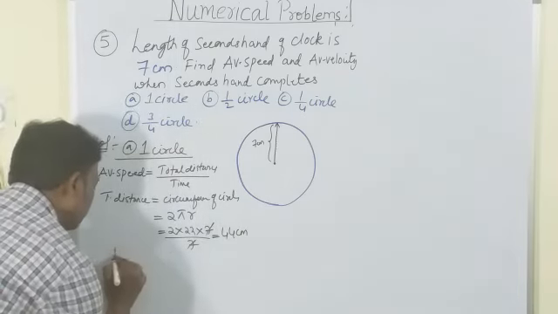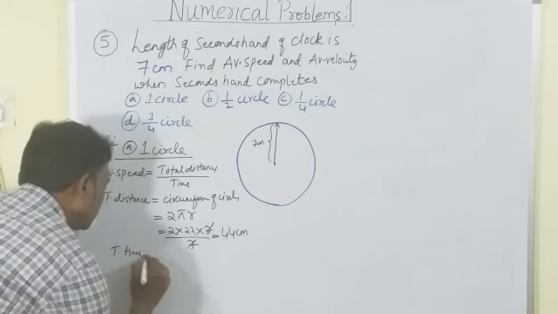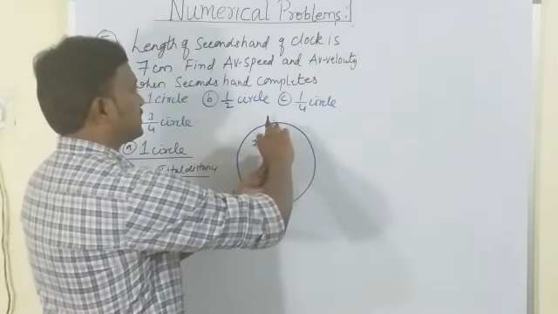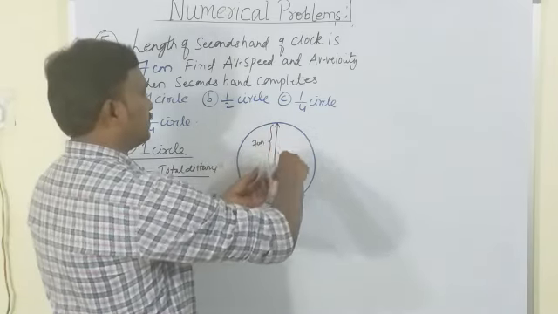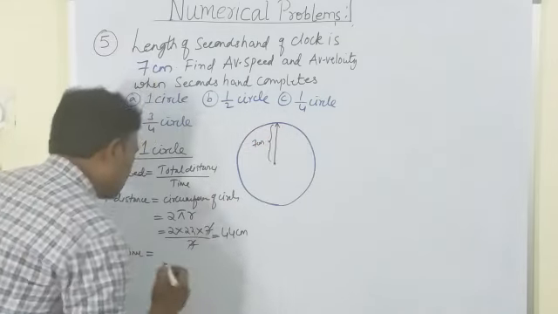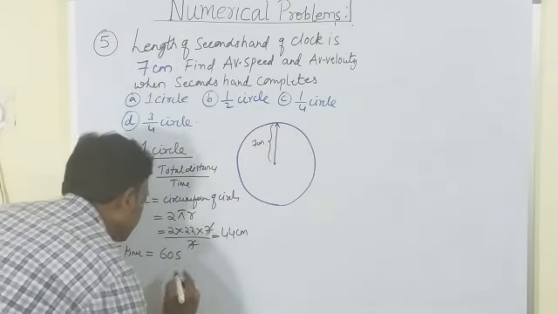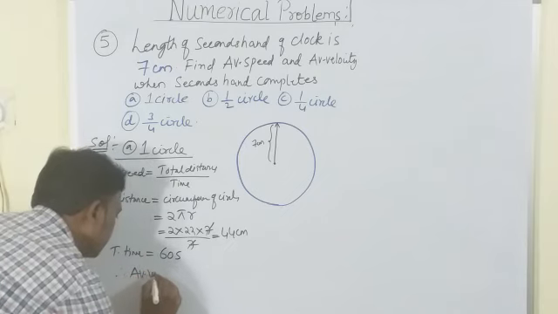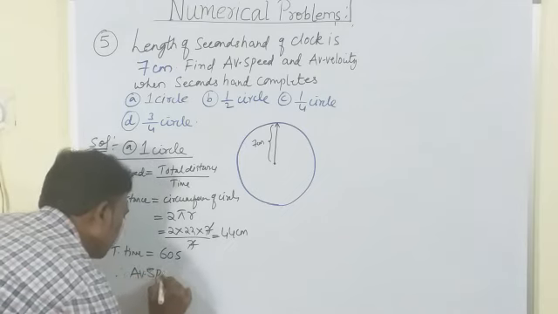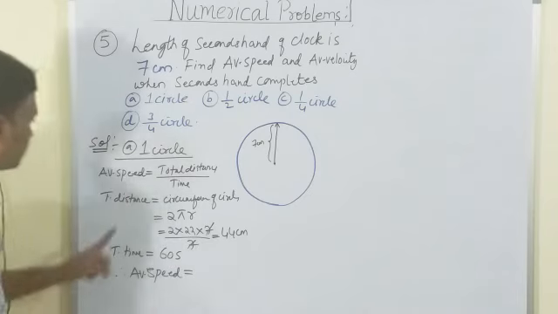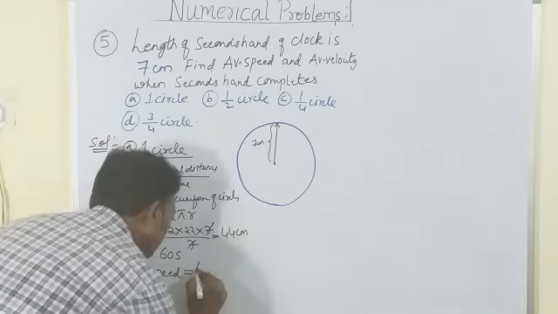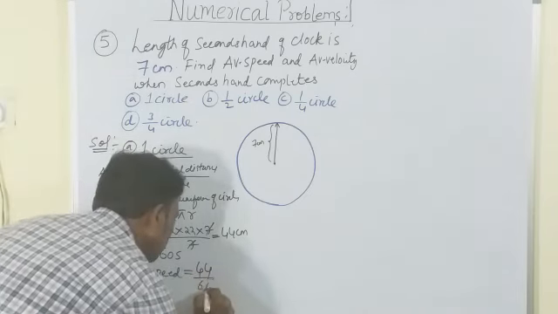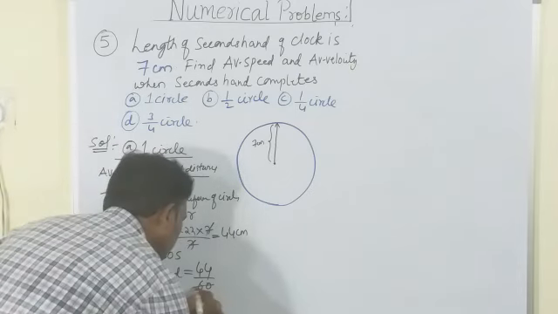And what is the total time? When the seconds hand completes one round, the total time is 60 seconds. Therefore, average speed is total distance 44 by 60.